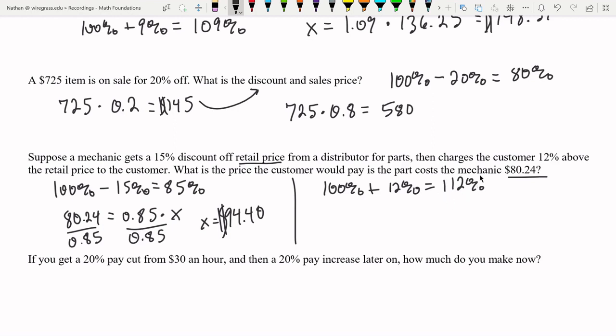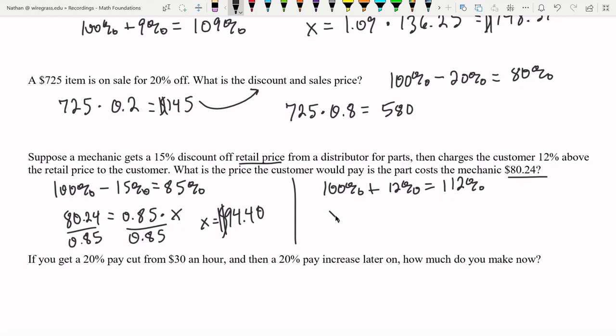So this percent refers to the price the customer pays. The customer doesn't pay $94.40. The customer pays more than that. So this refers to the part, and this is our whole, or our initial amount. The final amount is going to be increased from this amount.